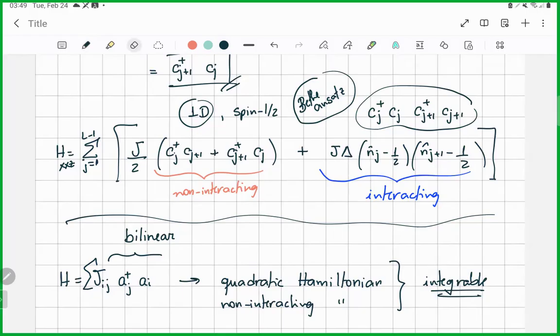Okay, and so why is it so interesting to have this description in terms of spinless fermions? Because we immediately can separate. We have bilinear terms, we know it's non-interacting. We have quartic terms, we know it's interacting.